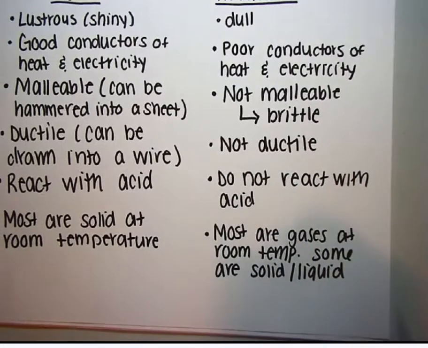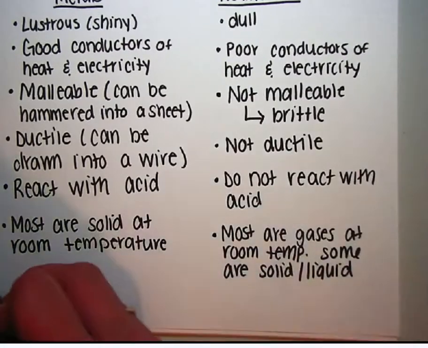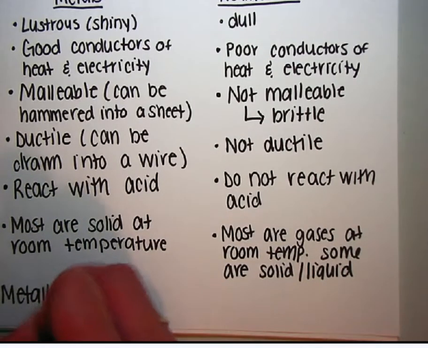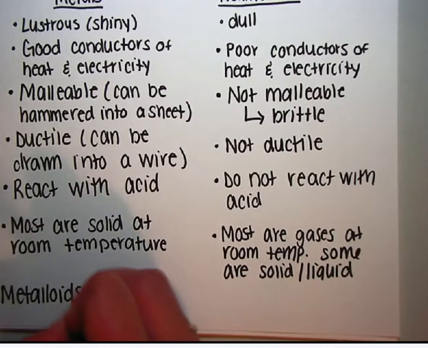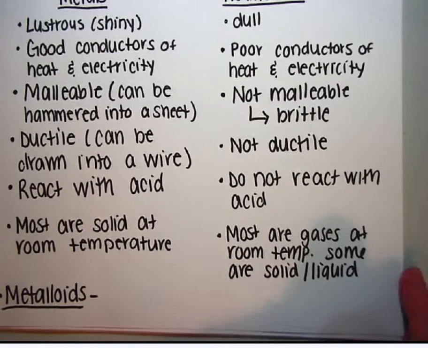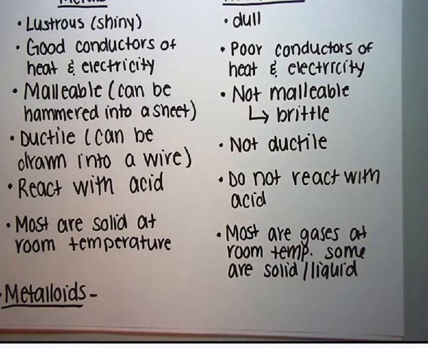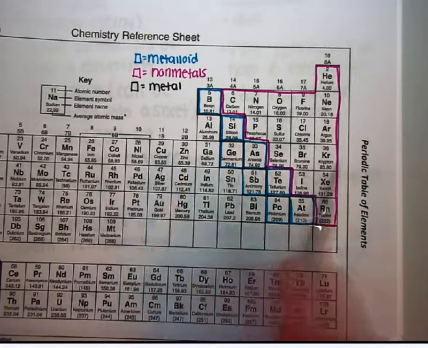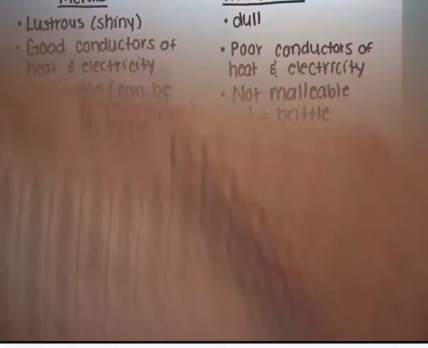Lastly, we haven't talked about the metalloids. So notice where we find the metalloids on the periodic table. The metalloids are found between the metals and the nonmetals.